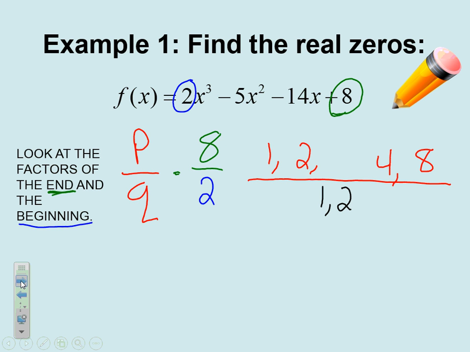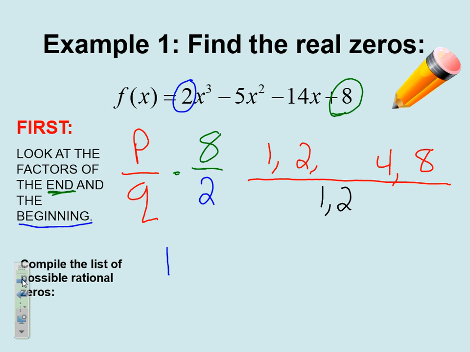After I have this done, I need to compile a list of all the possible rational zeros. So in order for me to do that, I need to go, okay, what's 1 divided by 1? Well, it's going to be 1. Now, we can have positive or negative answers for all of these. So I'm going to have 1, negative 1.